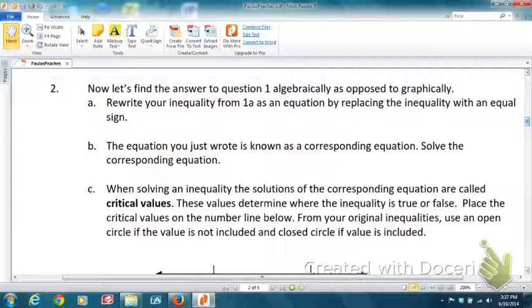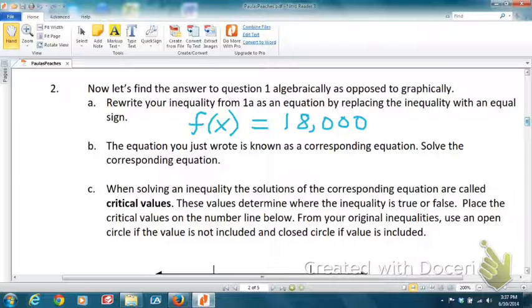The inequality from 1A, whatever that function is, I'm just going to represent that function using f of x, and this is not the specific function, equals 18,000. And remember, you're going to replace f of x with the specific function.